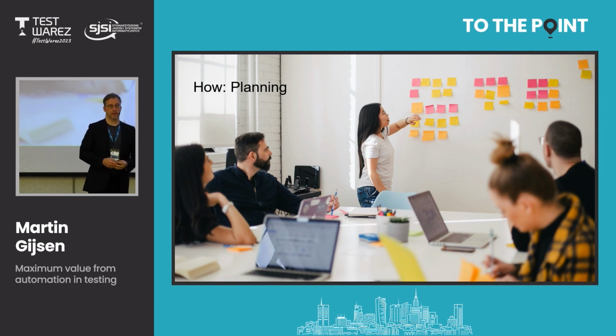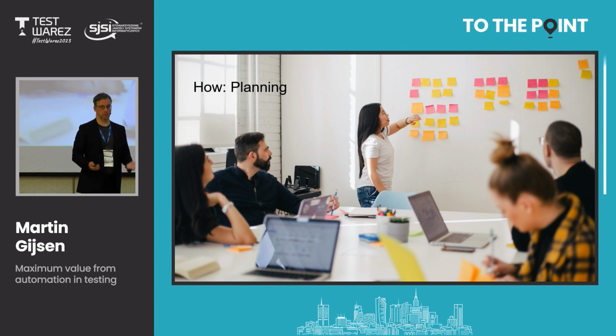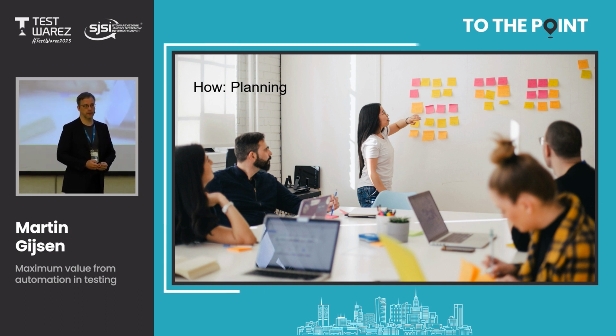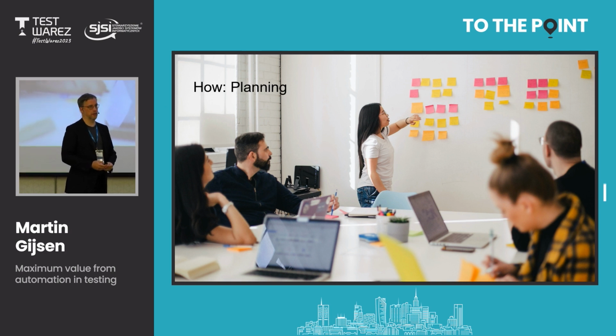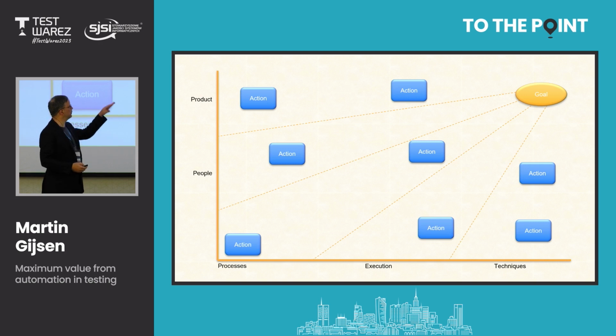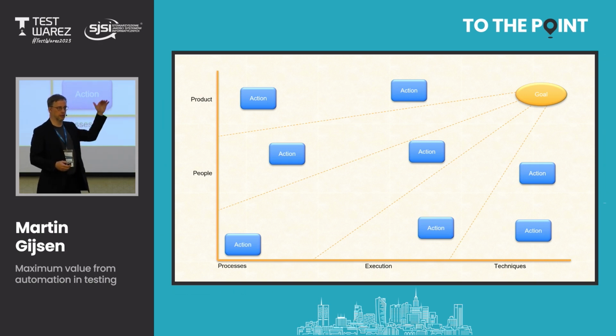And when you have all that, you can define your actions in the usual way, whatever your usual way is. Put actions on the backlog, prioritize them, and go and do them. What I find helpful in this case is to use the same structure of product, people, process, execution, and techniques to divide the various actions and get some more structure and also visualize it.